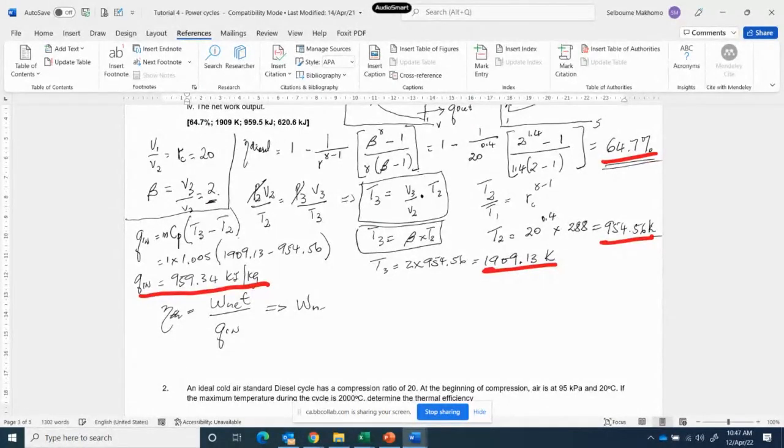Therefore, work net is going to be efficiency, 0.647, multiplied by Q in. Q in is 959.34, and the answer is 620.7.